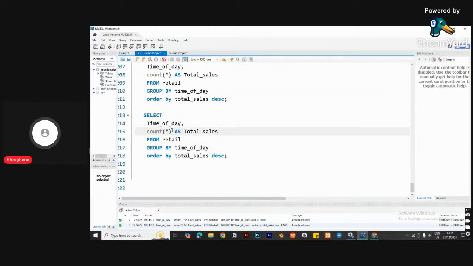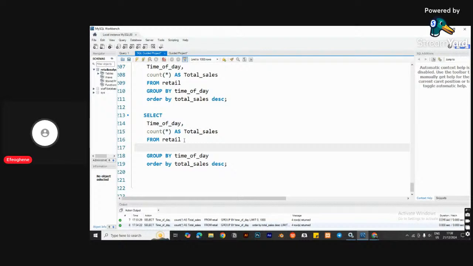So here we would employ the WHERE clause to filter the data based on weekday this time around. Where does the WHERE clause come in? After we have written FROM retail, WHERE. Remember, in order of execution, WHERE comes after FROM, and it comes before GROUP BY.